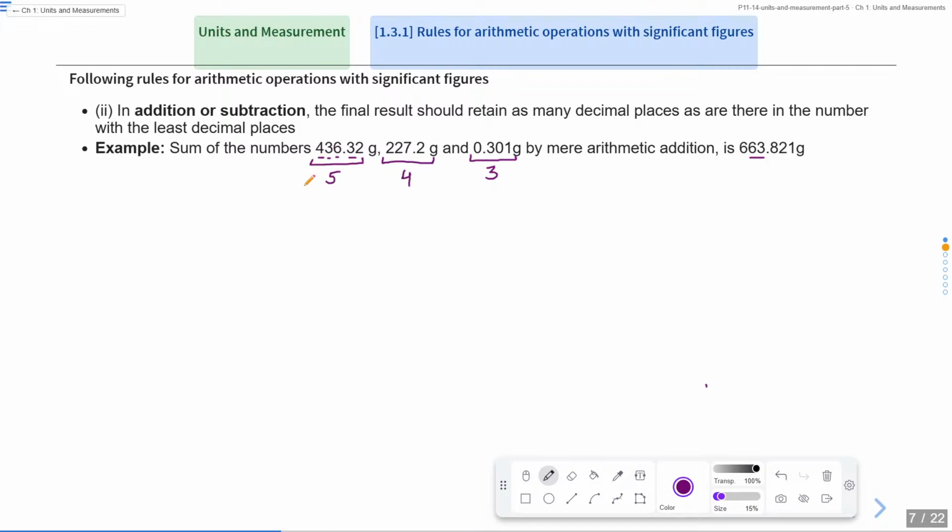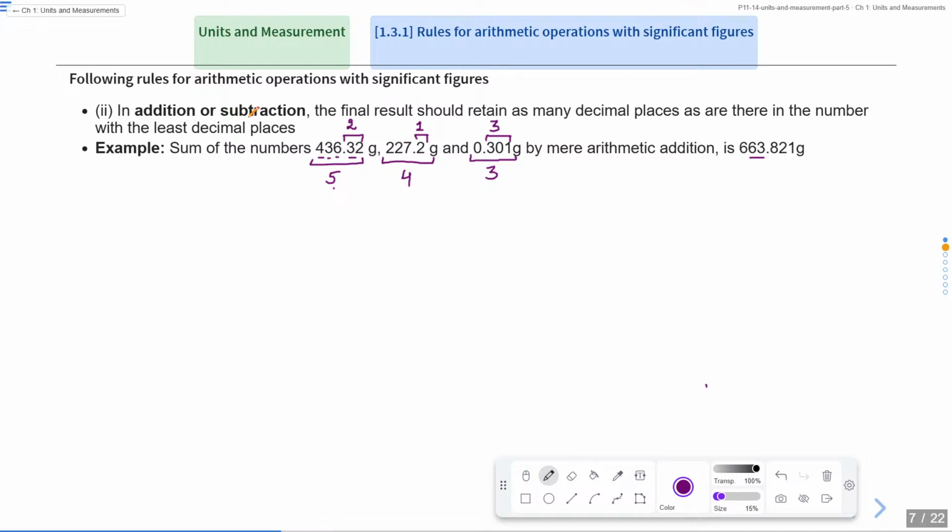And in this, 5. So 3 significant figures, 4 significant figures, 5 significant figures. How many decimal places are there? In this, 2 decimal places, in this 1 decimal place, in this 3 decimal places.